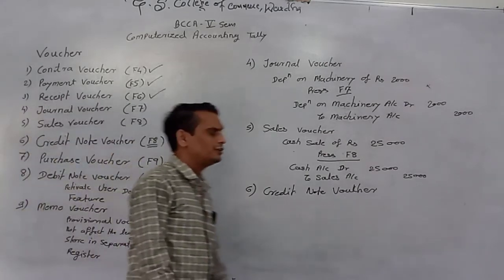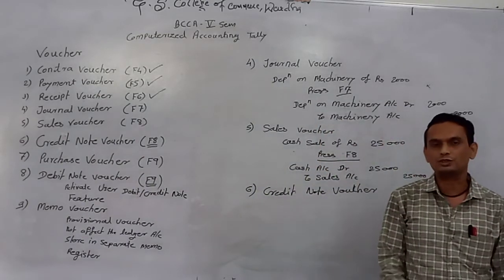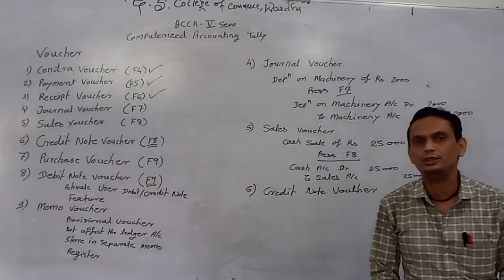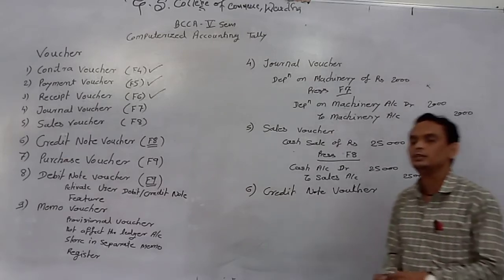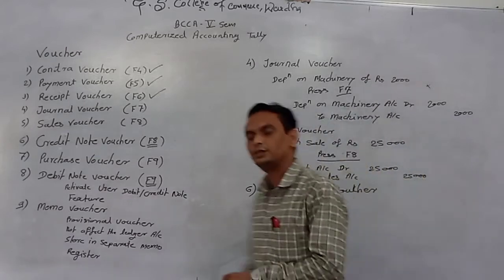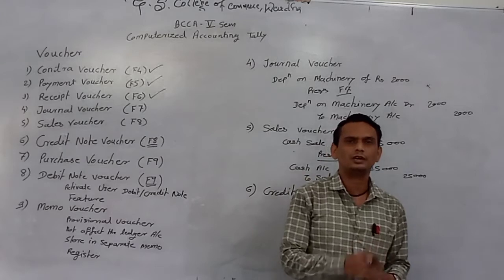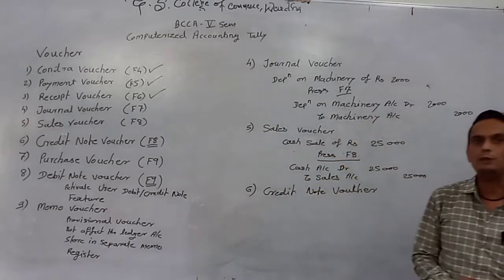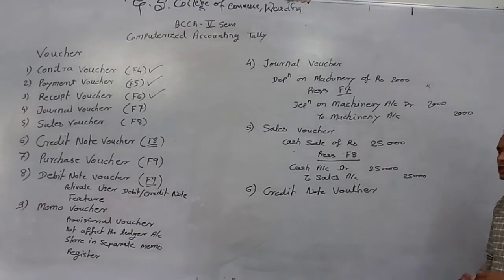Okay. Credit note records those transactions which are related to sales return. When we sell something, a customer can return that particular product due to damage or any other reason. At that time we record that type of return transaction in a credit note.